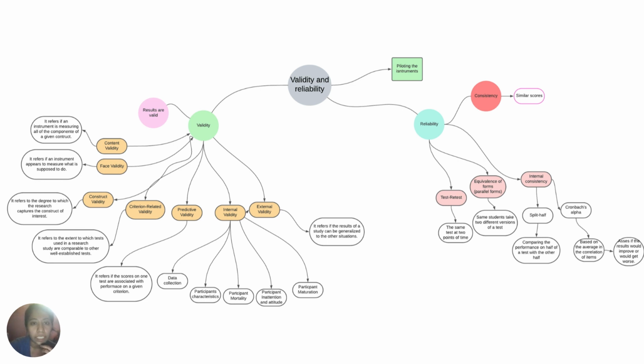After that, it's also important to pilot the survey and the instruments with some participants who want to collaborate with us, and to check if something is wrong or isn't clear.